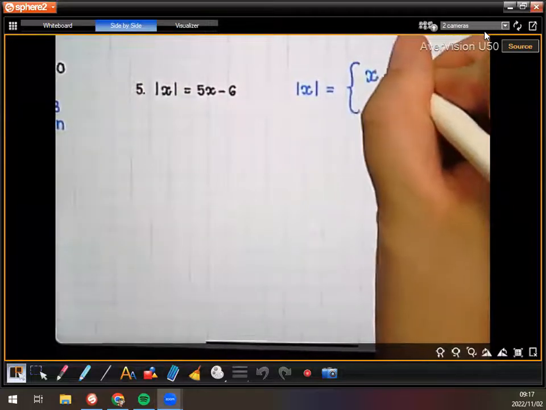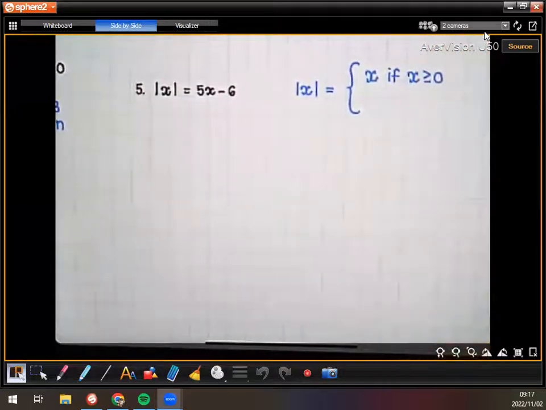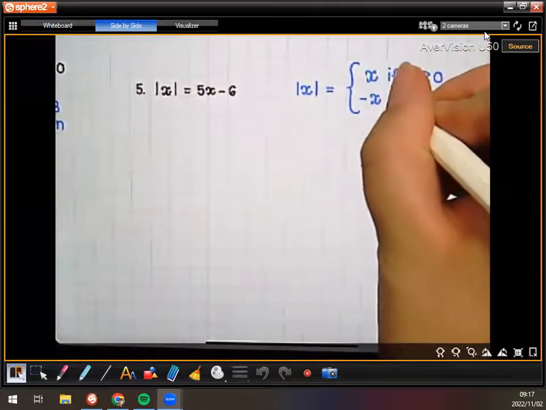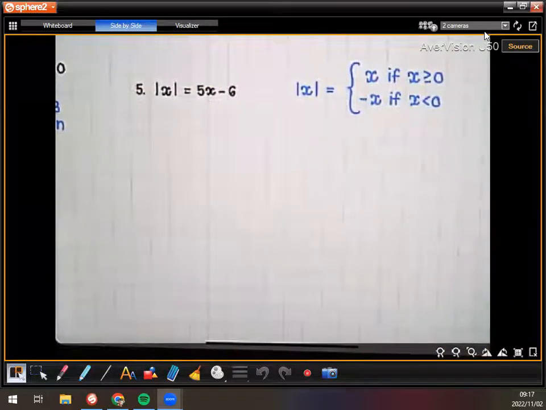It's x if x is greater than or equal to 0, and it's negative x if x is less than 0. We're actually going to use this definition now in this question.